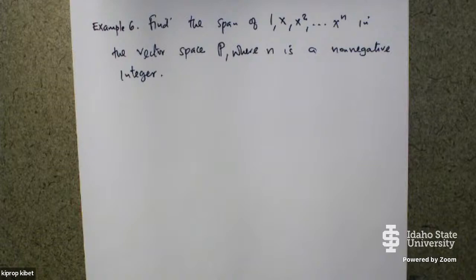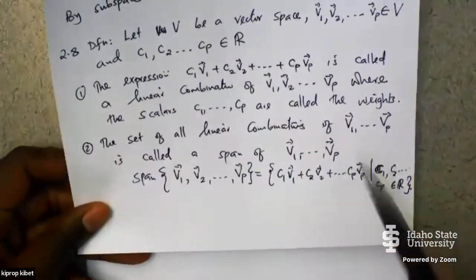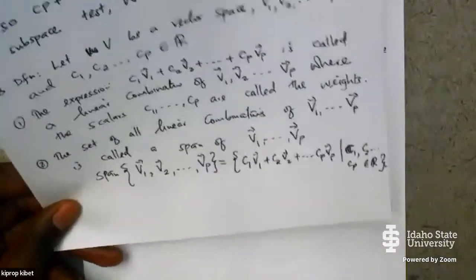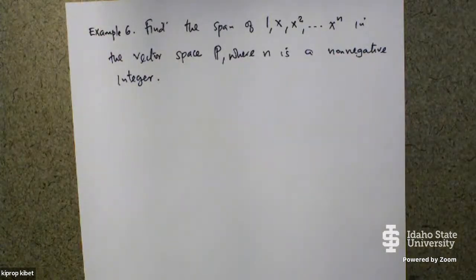And this is a polynomial with real coefficients. Previously we said that the span is actually the linear combination of the vectors there. Then it is similar to the one for polynomials here.